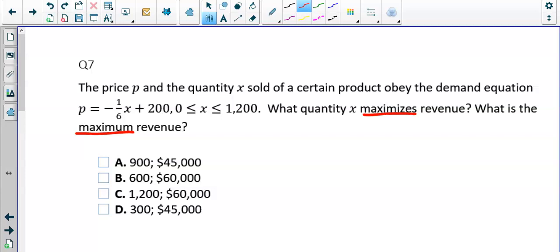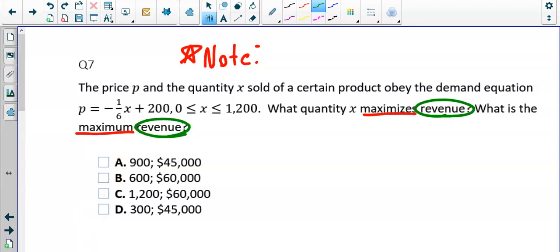Now, the first things first, though. This problem, you got to do a little bit of work first. You need to remember, make a note of this. This problem is all about revenue.